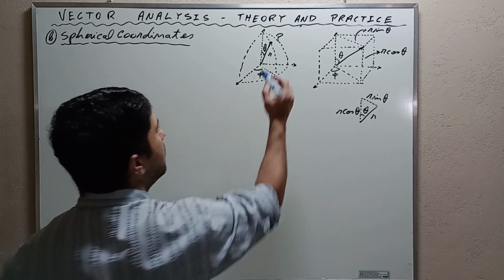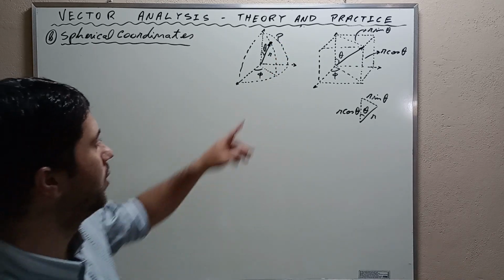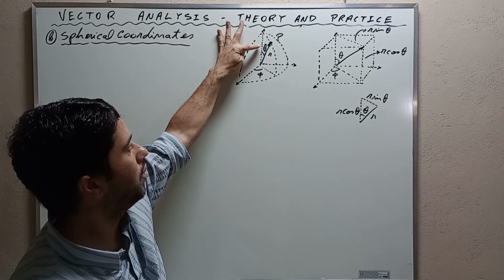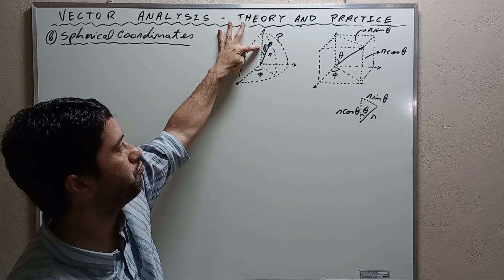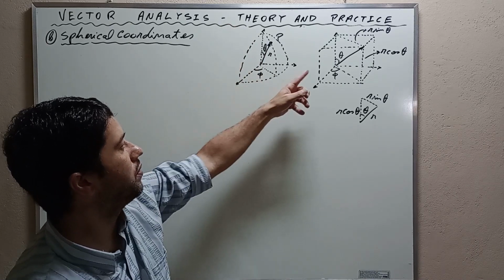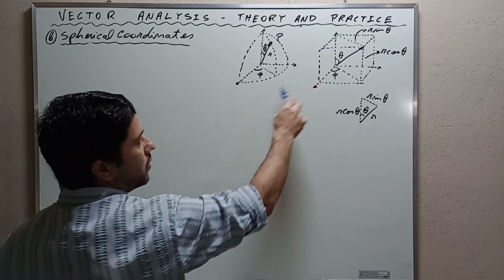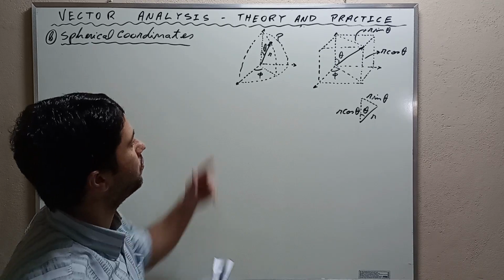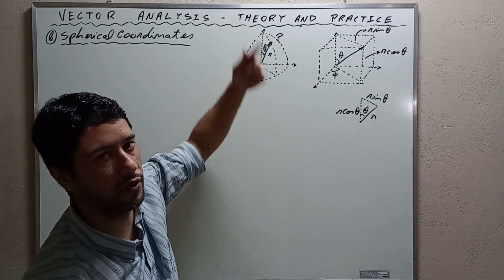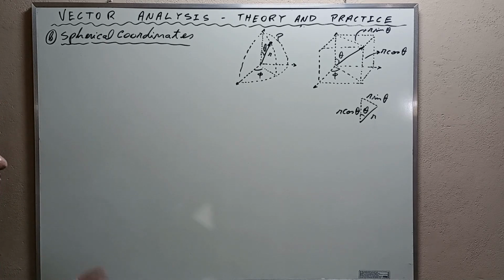And the vector then that goes from the origin to point P has a magnitude r and this angle here that goes in this direction and this angle that goes in this direction. This angle here in the xy plane and this angle here over the z-axis from the positive to the negative along z. Okay?